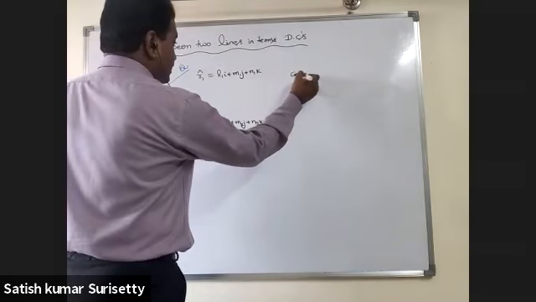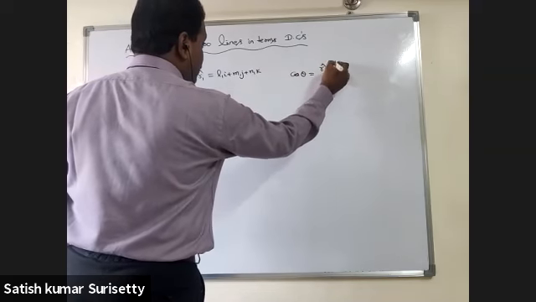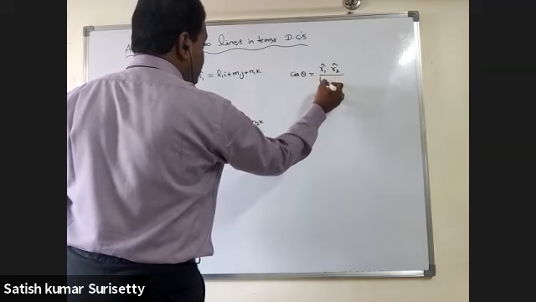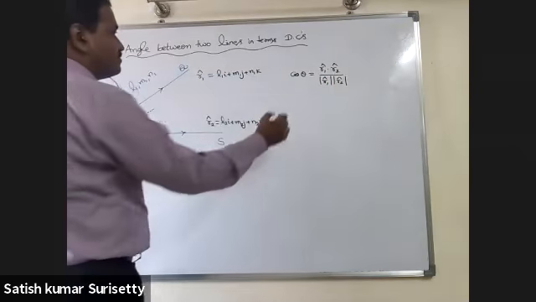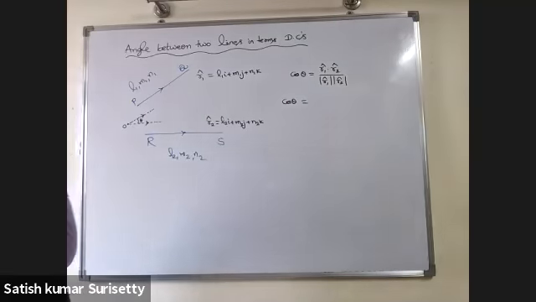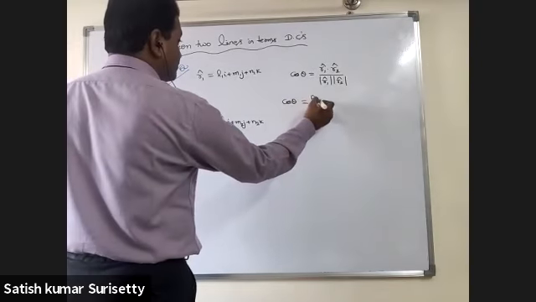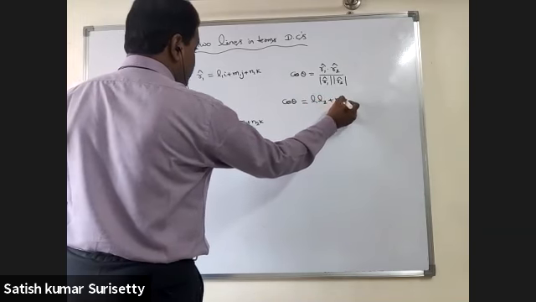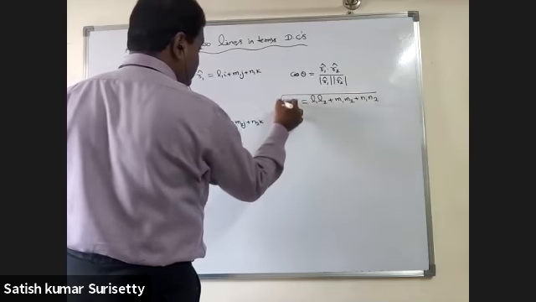So cos theta equals r1 cap dot r2 cap upon modulus of r1 cap times modulus of r2 cap. So what you will get is cos theta as L1 L2 plus M1 M2 plus N1 N2.